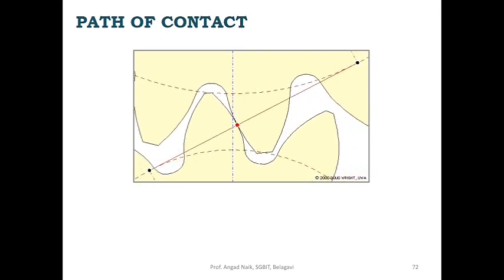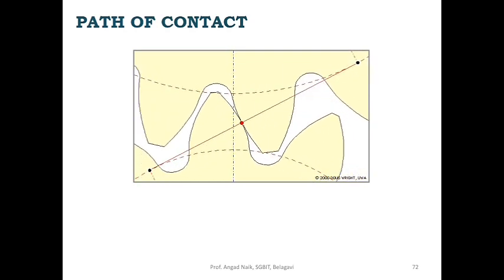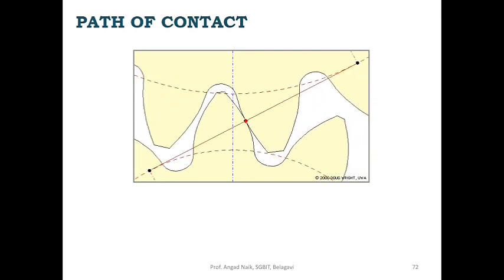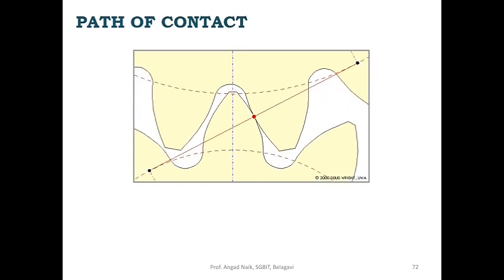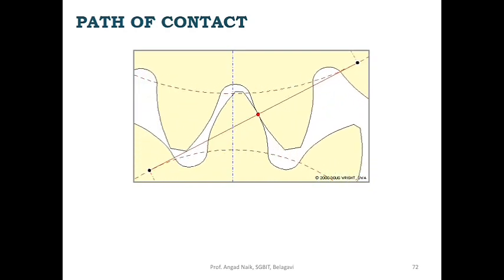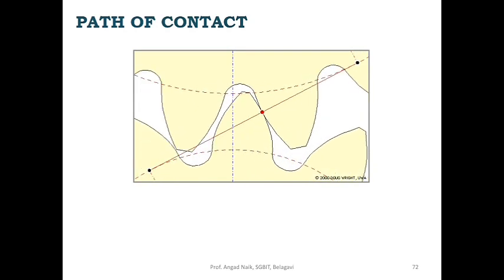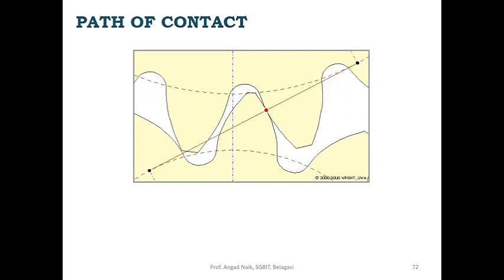It is traveling a particular path. The path traced by the point of contact of two teeth from the beginning to the end of engagement, that whole path is called the path of contact.